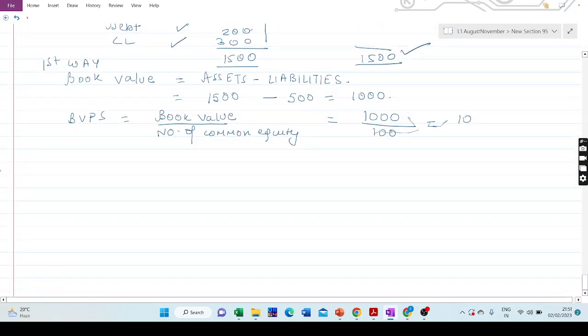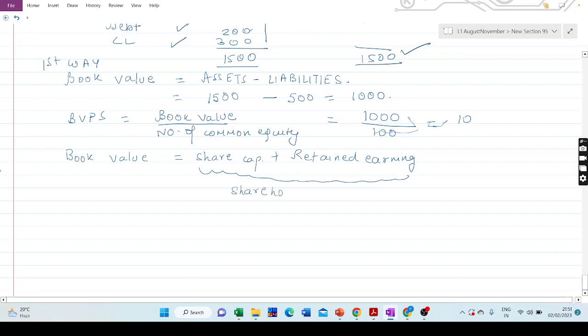The next way is, please understand, your book value is your share capital plus retained earnings, which is nothing but shareholder equity. Have you noted the balance sheet?